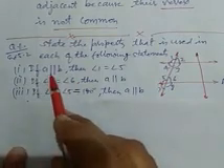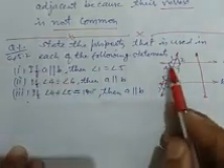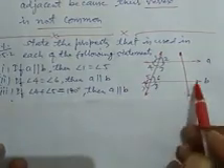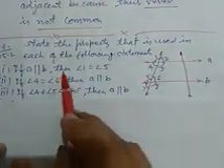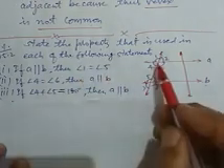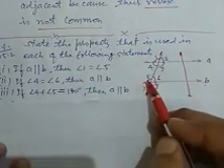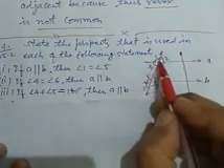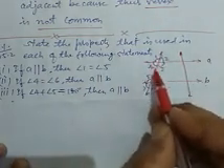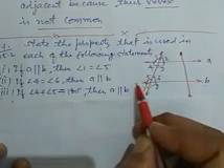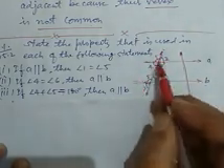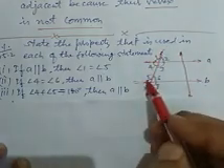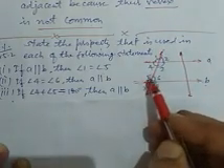If A is parallel to B, here the lines A and B are parallel, it is given to us, then angle 1 equals angle 5. This is angle 1 and this is angle 5. Here angle 1 and angle 5 make a flag, the inverted flag. That's why angle 1 and angle 5 are corresponding angles.